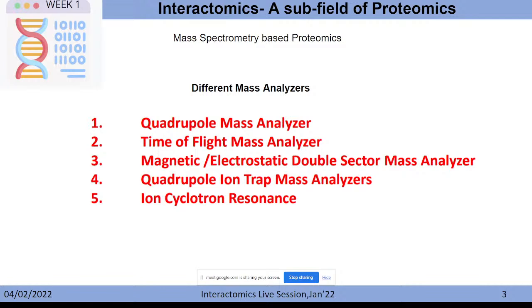In the same way, based on molecular weight, your proteins get separated in the gel. Similarly here, based on their mass and charge they get separated, and with this unique m/z, you will be able to detect what your peptides are.